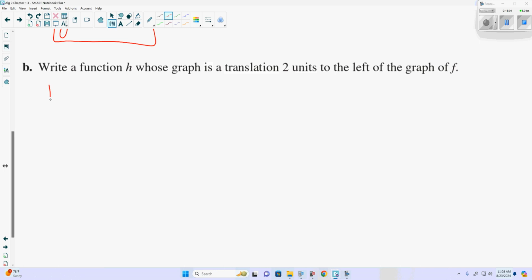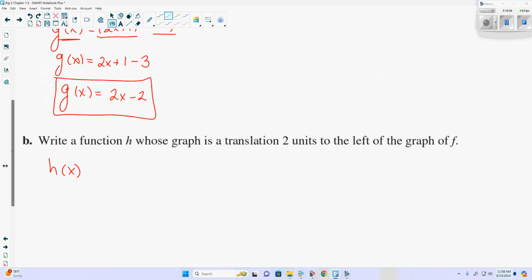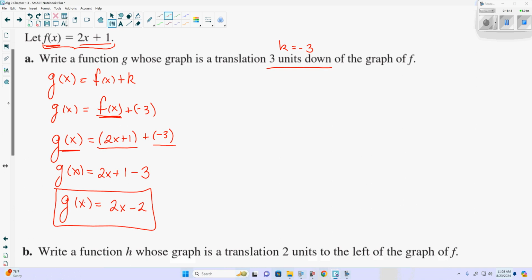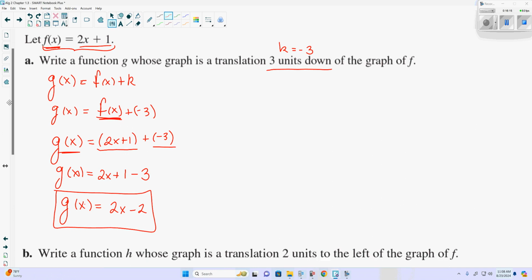Our final function is going to be h of x, whose graph is a translation 2 units to the left of f. So we're still using our 2x plus 1. Part of the reason we know we're using it is because it said f of x, not g of x. We could have applied it to g of x, but here we're sticking with f of x, our 2x plus 1.